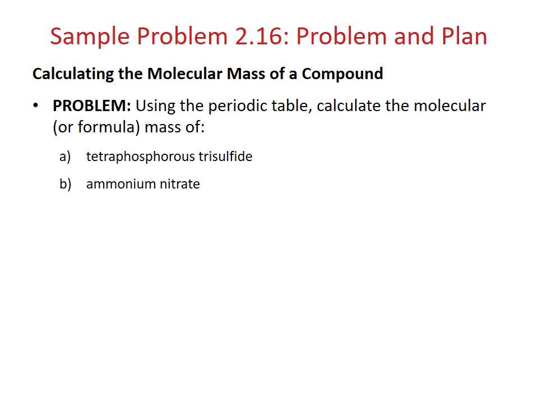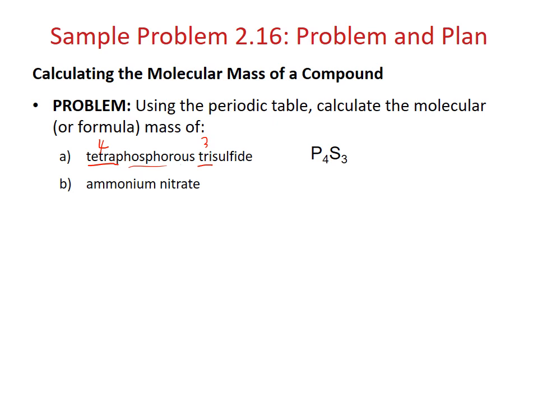A. Tetraphosphorus trisulfide. The molecule contains 4, tetra means 4, so 4 phosphorus, tri means 3, sulfide. So the formula of the molecule is P4S3.